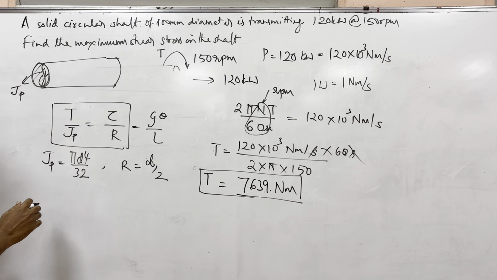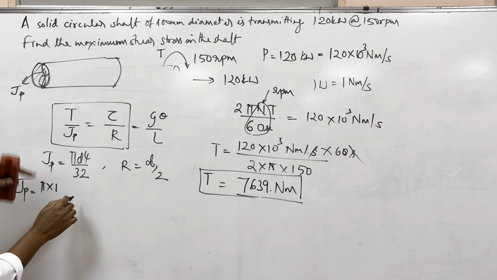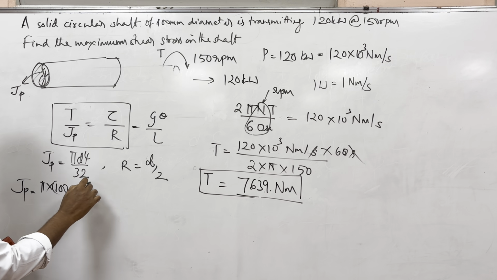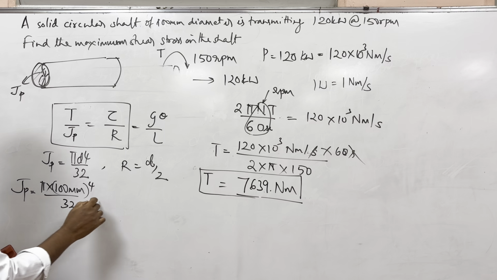So you can substitute these values here. JP is equal to pi into d, which is 100 mm, to the power of 4 divided by 32.